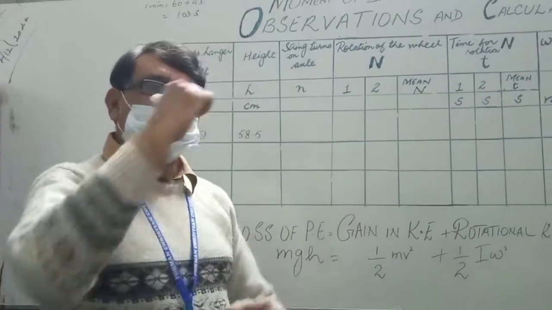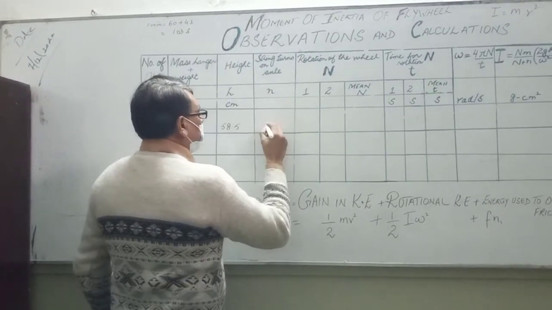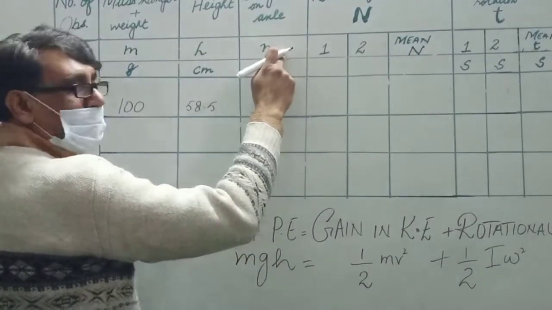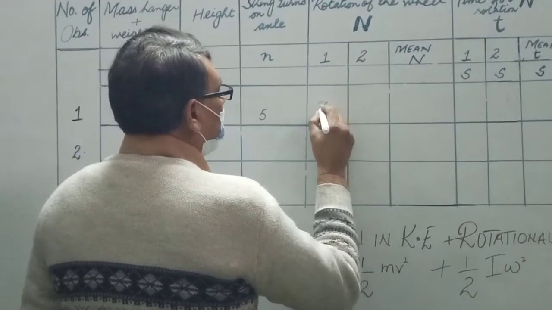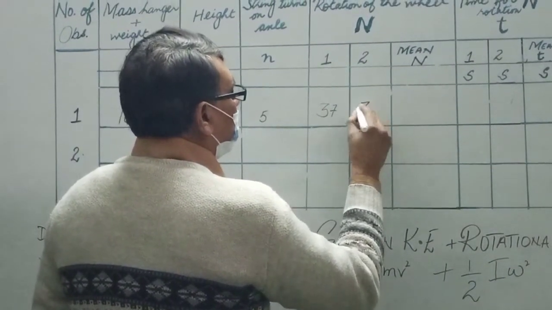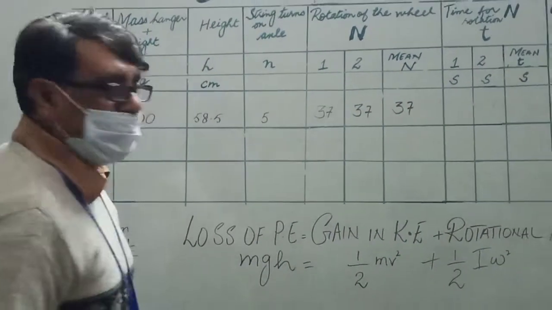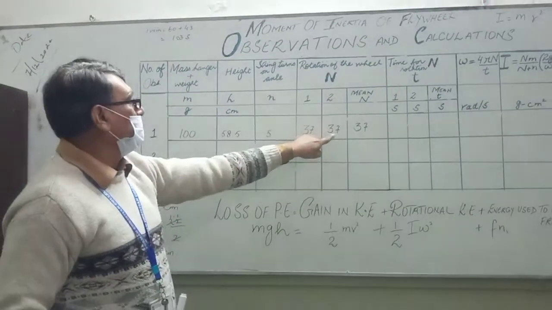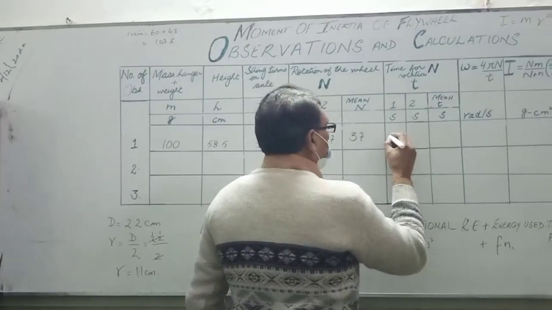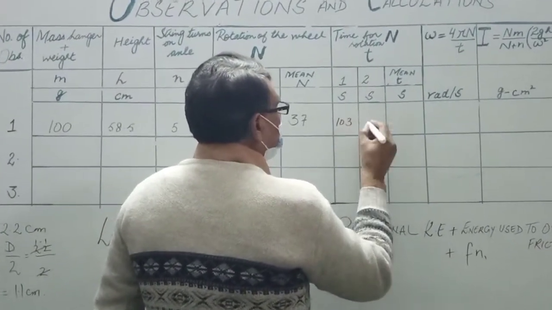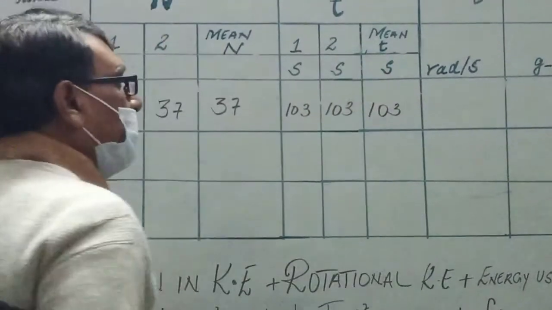The number of turns of the thread was 5, represented by small n. The number of rotations we have counted was 37. The mean would be the same, 37. The time for these rotations was 103 seconds.